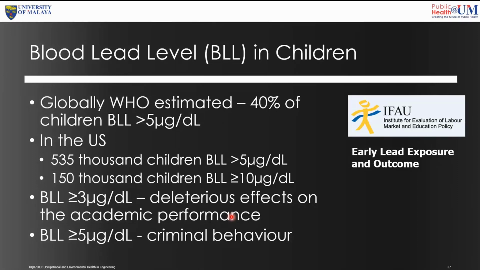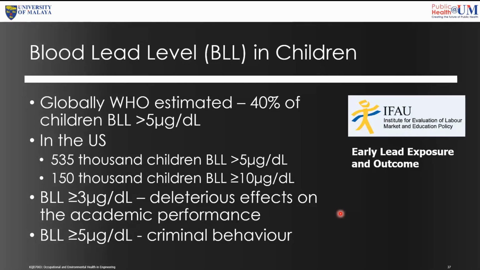In the US, in 2000, 535,000 children had a blood lead level of more than 5 microgram per deciliter, and 150,000 children had a blood lead level of more than 10 microgram per deciliter. Research has found that a blood lead level of more than 3 microgram per deciliter has a deleterious effect on academic performance. That means your academic performance will be affected if you have a high blood lead level. When your blood lead level becomes higher, you are considered to have criminal behavior.